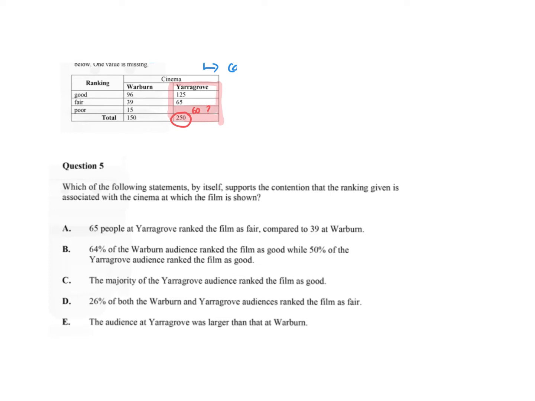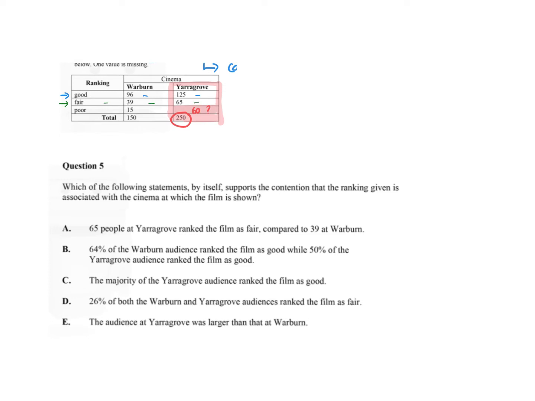When you want to compare or say it supports, you always want to compare one category. So you'd hope their statements are talking about the good at both, or the fair at both, and so on.